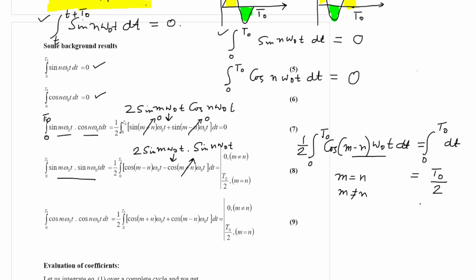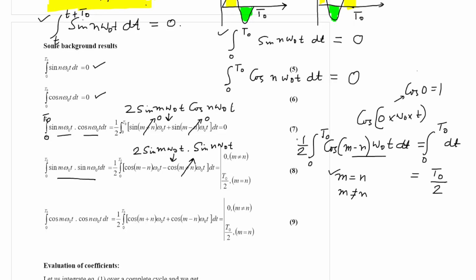So this is only true for m equal to n. Other than that, for m not equal to n, all will be 0. Please try to understand: whenever m is equal to n, cos 0 becomes 1, so 1 into dt is dt. Integrating dt from 0 to T naught gives T naught, and with the half outside it becomes T naught by 2.